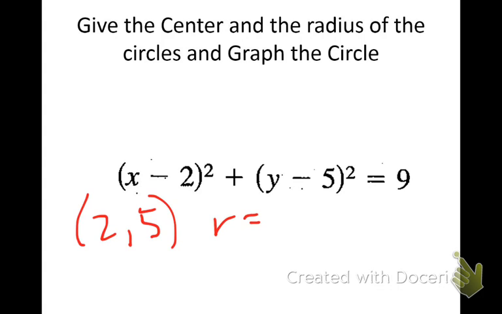Radius equals what, Taylor? Square root of 9. What's the square root of 9? 3. R equals 3.